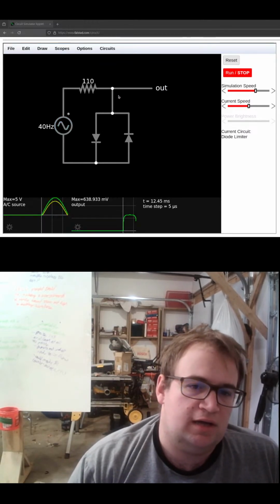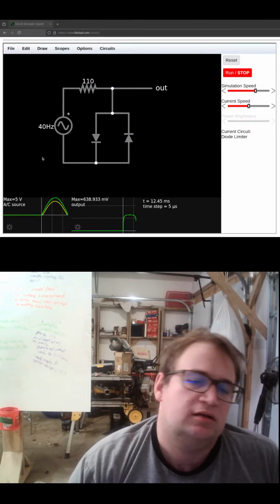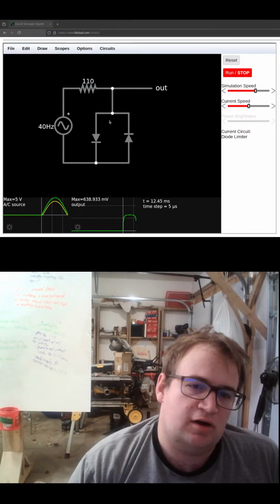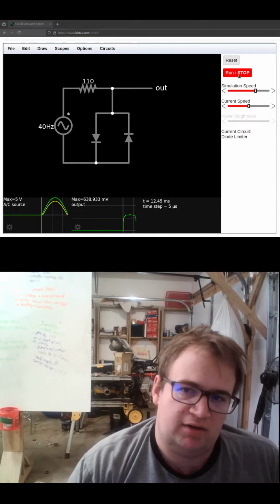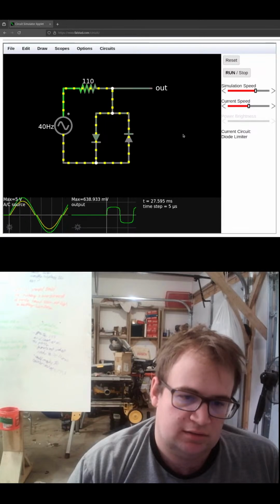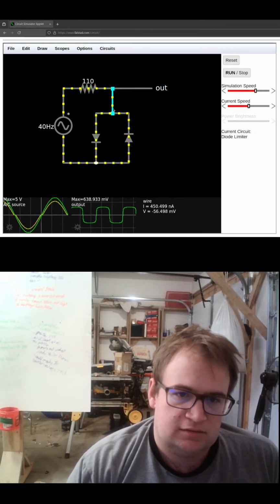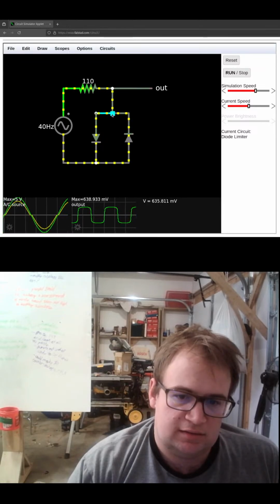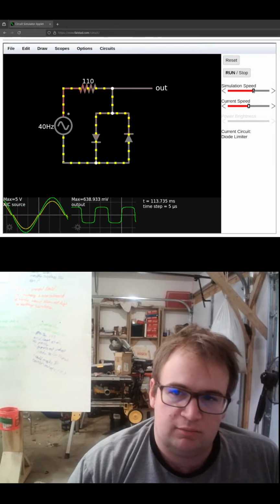So at 1 voltage, I think it's just going to drop it down by 0.7. Let's just find out here. So you see here, we'll just slow down the simulation speed a little bit.